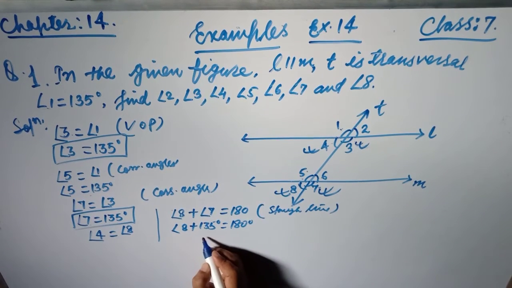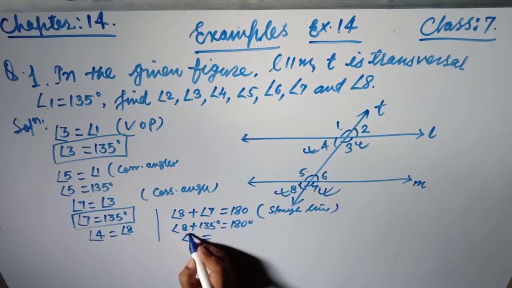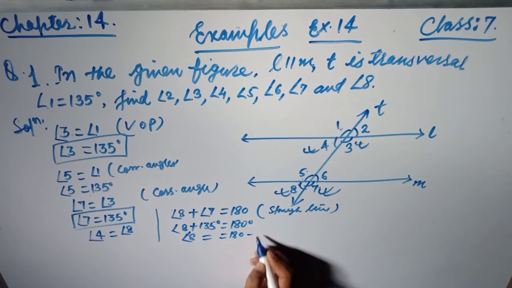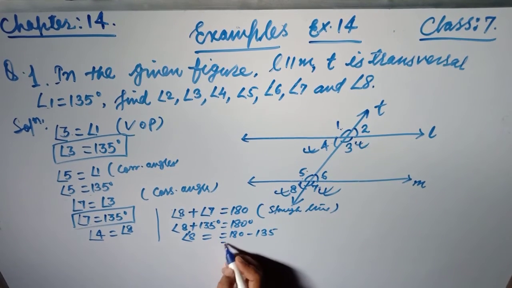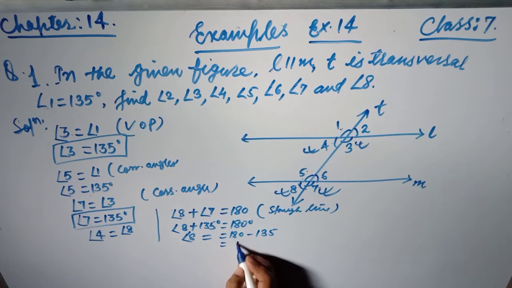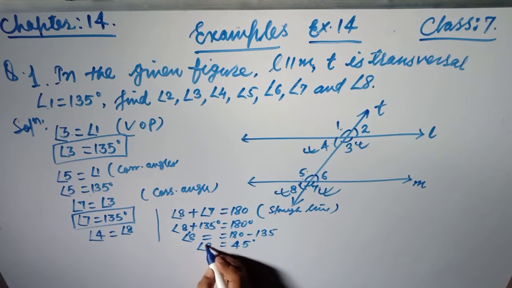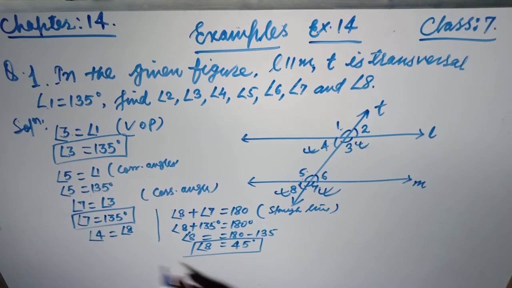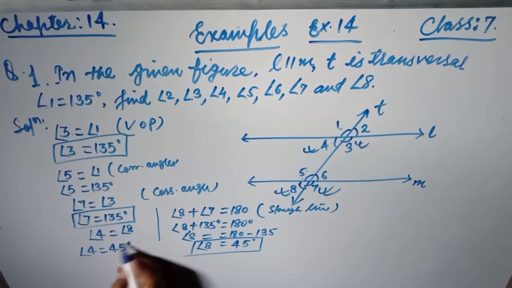Now solve friends, angle 8 is equal to 180 minus 135, so this becomes 45. So angle 8 is equal to 45. Now angle 8 is 45 friends, then we can say angle 4 is 45 also.